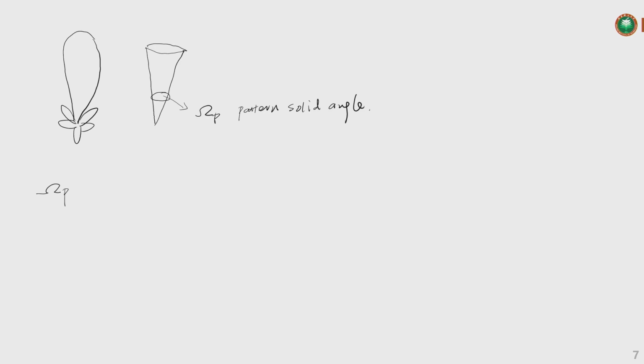Pattern solid angle. So this is an equivalent solid angle, and then what we can do to calculate that part? Previously, we calculated it as an integration of omega with respect to theta and phi, right? But here for the pattern solid angle, we need to multiply the normalized radiation intensity, like this one.